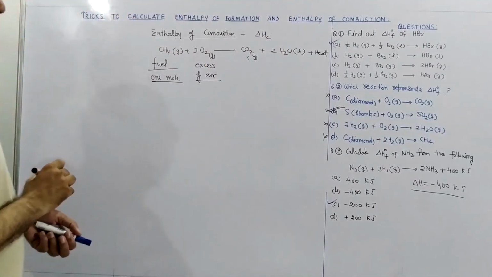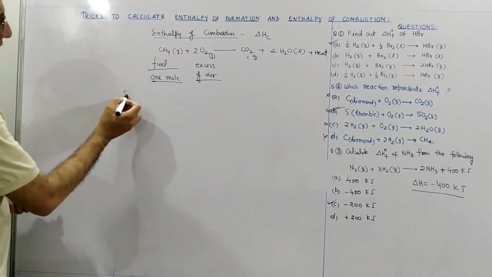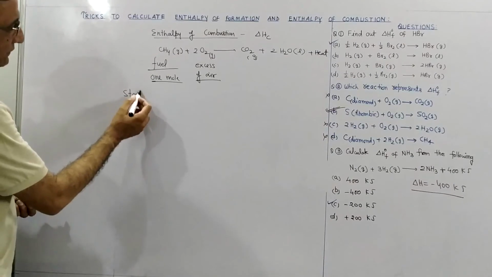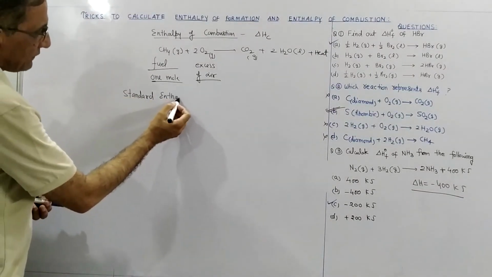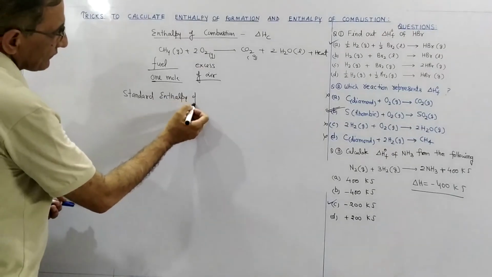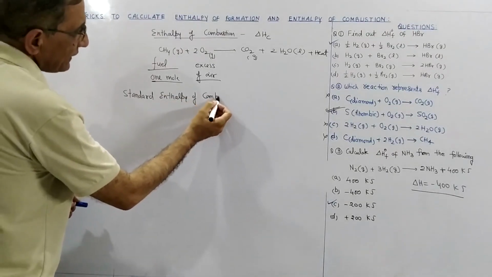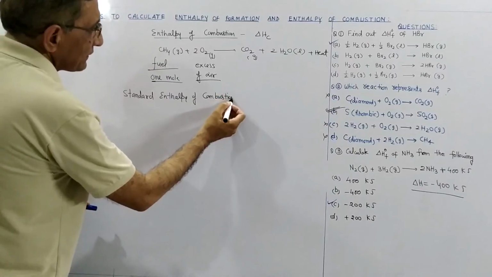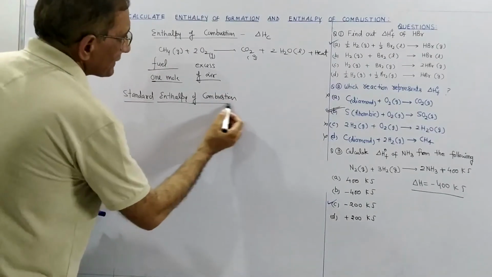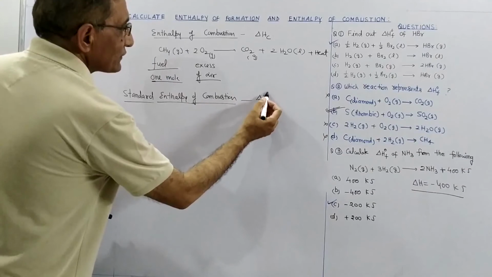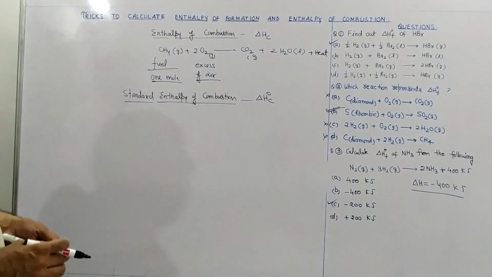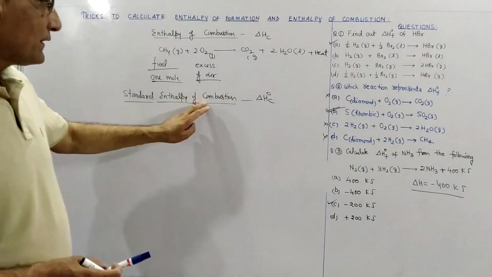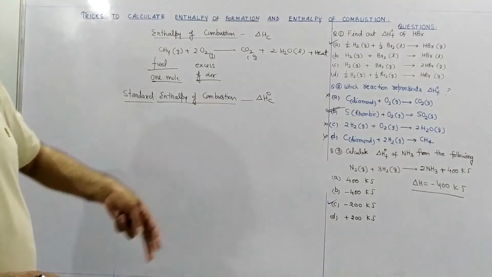C stands for combustion. And what is standard enthalpy of combustion? The standard enthalpy of combustion, we can represent like this, delta H naught C. This is the standard enthalpy of combustion, meaning combustion is being carried out in the standard state.